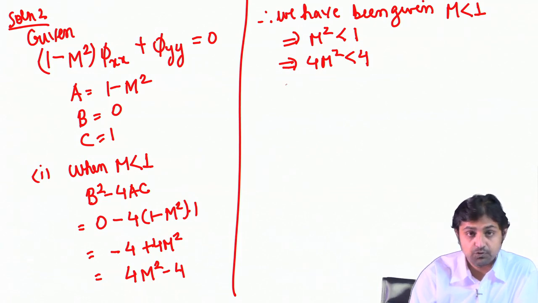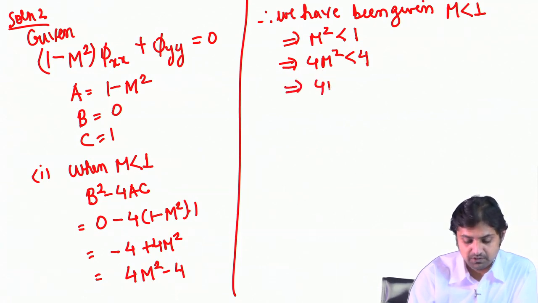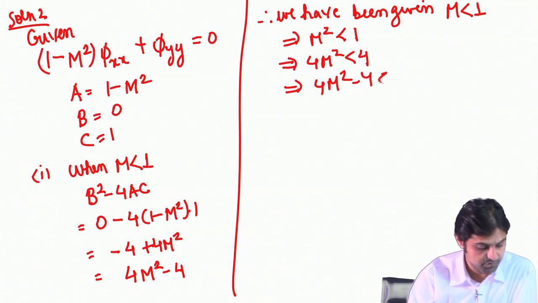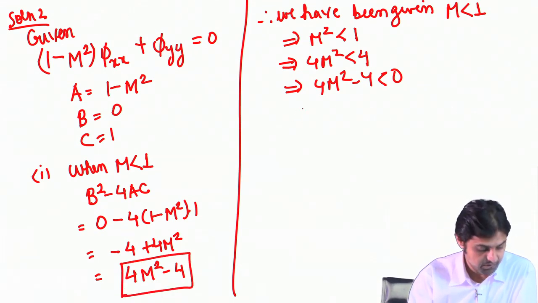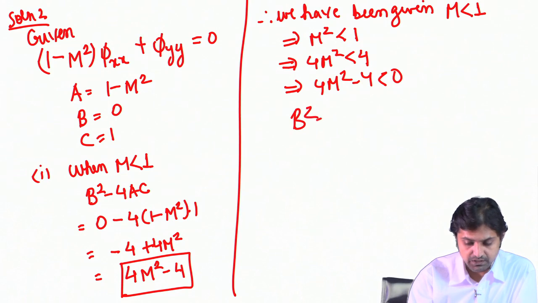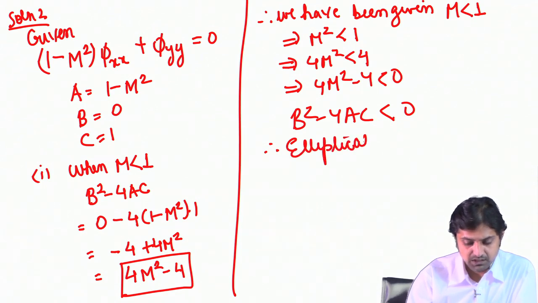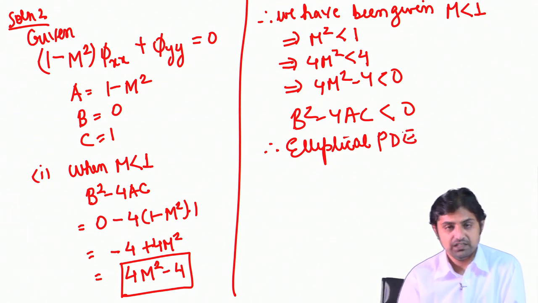So if you bring 4 on this side, it will become 4m square minus 4 is less than 0. All right, therefore this value 4m square minus 4 or b square minus 4ac will be less than 0, which means it is an elliptical PDE. All right.